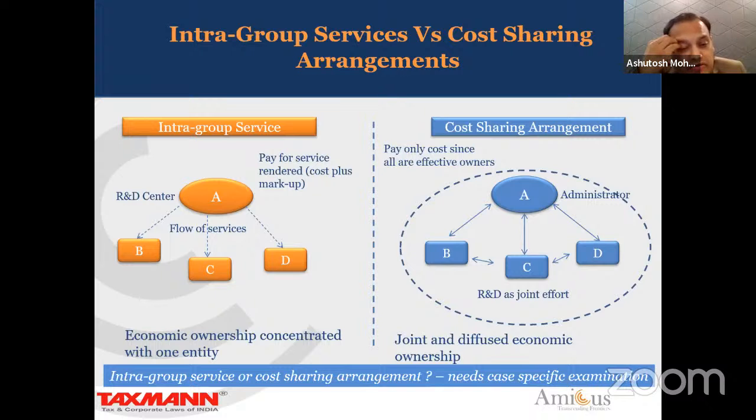It is just a case of pure rendering of services and receiving a payment for services in return, right? So in the scenario of intra-group service, there is no question of joint economic ownership of the resulting intangible. So this is just another fine distinction that we need to keep in mind.